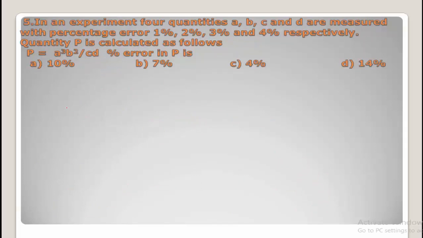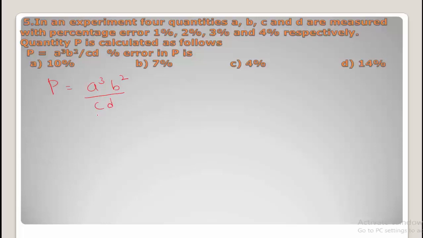Next question. In an experiment, four quantities A, B, C and D are measured with percentage errors 1%, 2%, 3% and 4% respectively. The quantity P is calculated as P equals A cube into B raised to 2 divided by CD. Find the percentage error in P. Here P is given as A cube B square divided by CD.